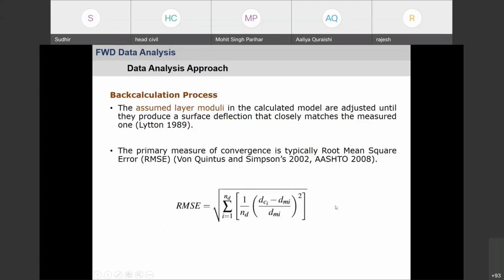I have given you the equation here, where DCI is the calculated deflection at sensor number I, DMI is the measured deflection at sensor number I, and ND is the number of geophone sensors used to measure surface deflection, right? So using this equation, you can calculate the root mean square error, and you can use some optimization technique to reduce it to find that particular set of layer moduli which will give you the minimum root mean square error, right?